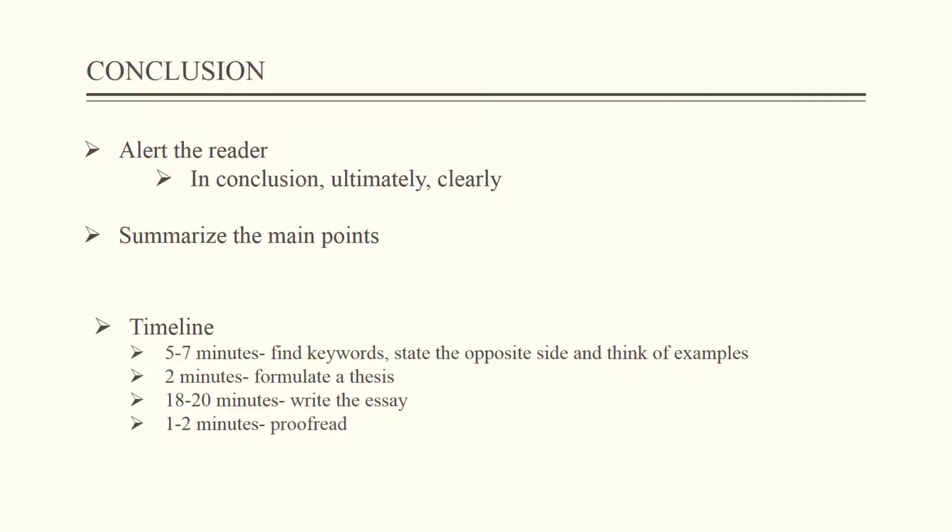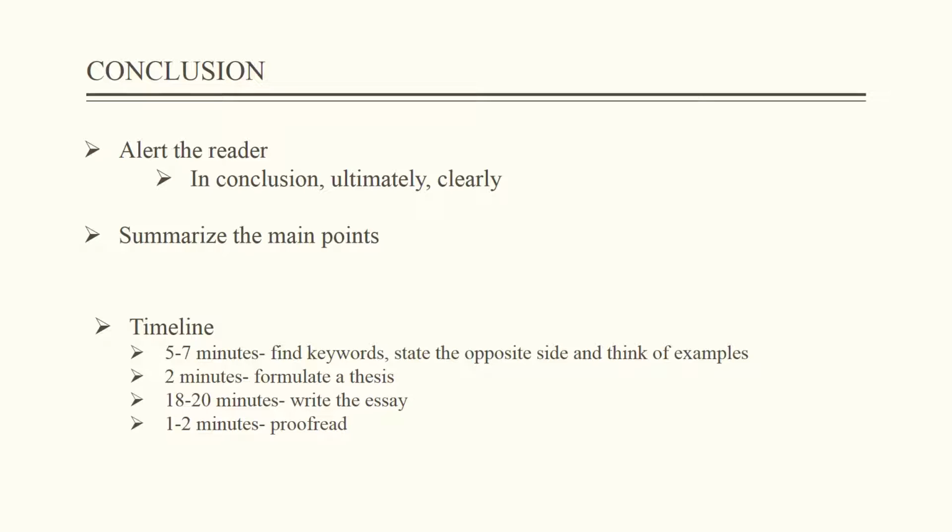Conclusion paragraphs have their own topic and transition sentences, and they contain a word or a phrase that tells the reader that the essay is coming to an end. These words and phrases can be in conclusion, ultimately, clearly, or the bulk of the evidence shows that. So these are some words that you can use to alert the reader that the essay is coming to an end.